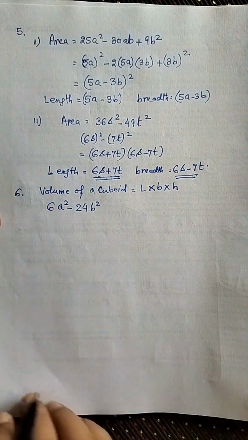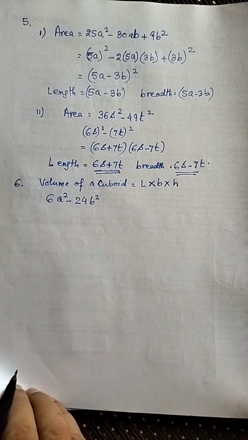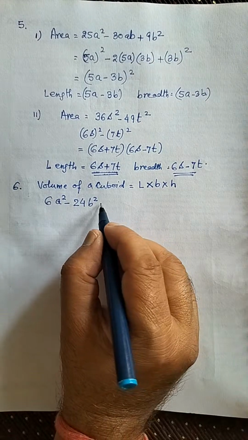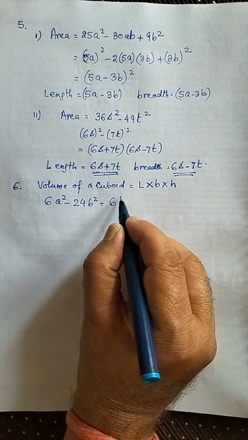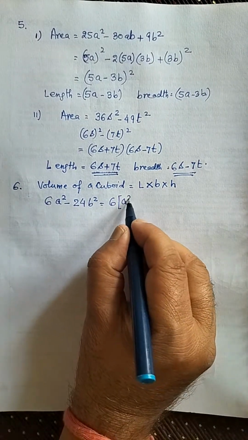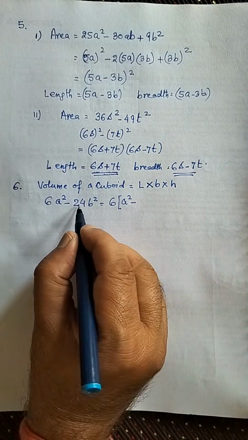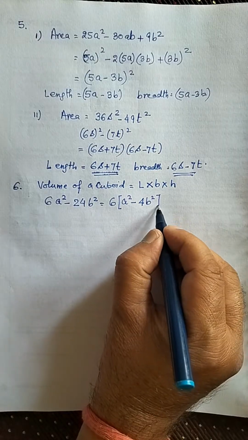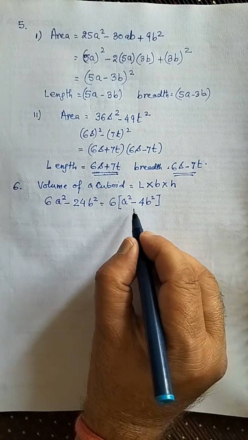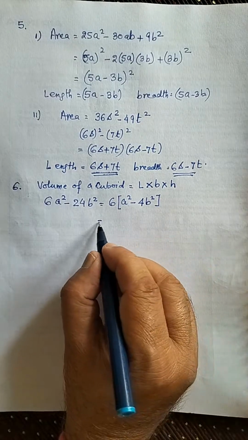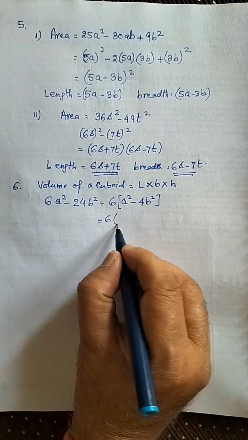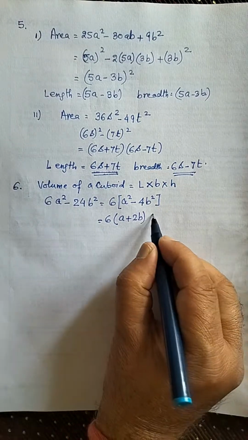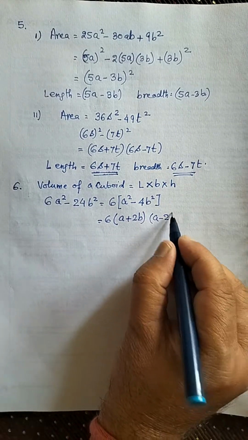The very first thing, as I have told you earlier also, for factorization, look for the common. Now 6 and 24, 6 is common, and we are left with a square minus 4b square, since 6 4s are 24. Now very clearly you can see that this is a square minus b square, so I can break it as a plus b and a minus b.